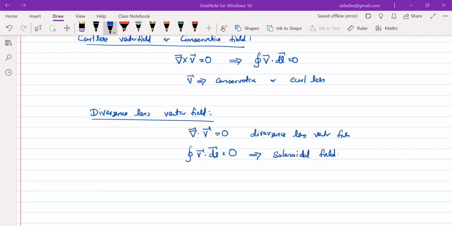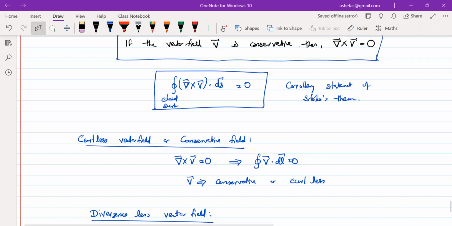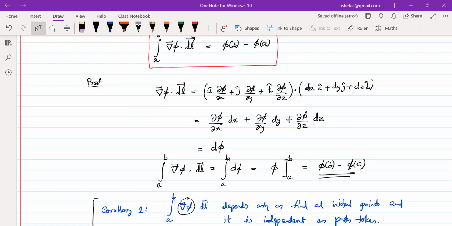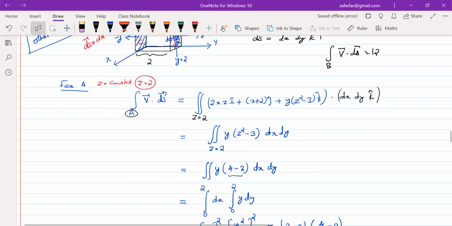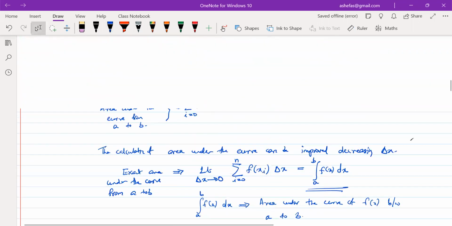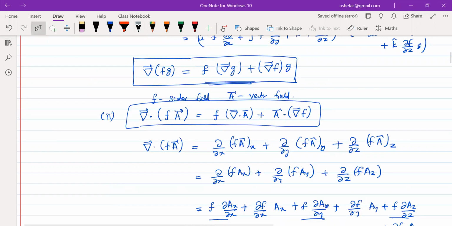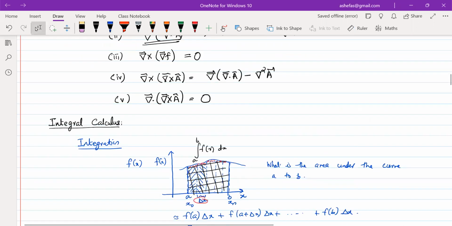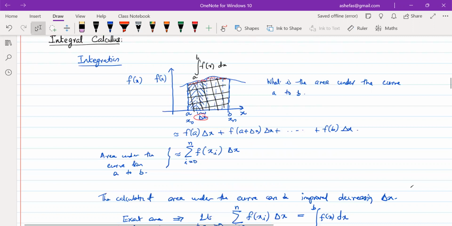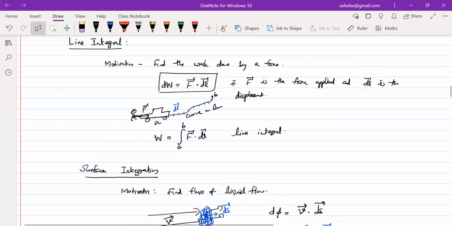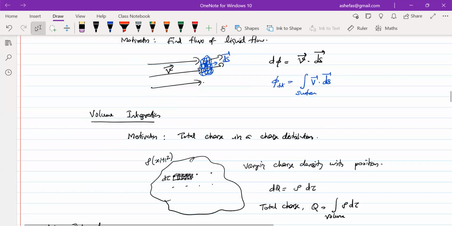So that's all about the discussion of the integral calculus. We started with the definition of integration. Integration is nothing but summation, or continuous summation, and from there we moved to the different types of integration: the line integration, surface integration, and the volume integration.